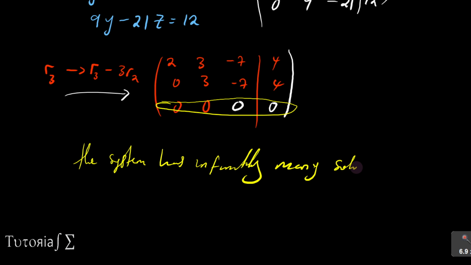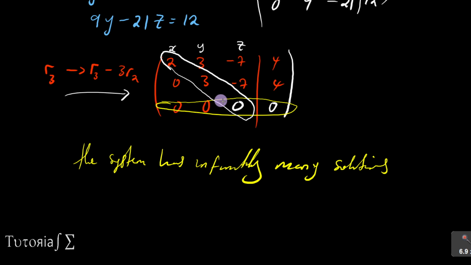Many solutions. Okay, the system has infinitely many solutions, but we need to find those solutions. Here we know that the first column is representing x, this is representing y, and this is representing z. Now when you check the major diagonal, our main aim is looking at the major diagonal here.